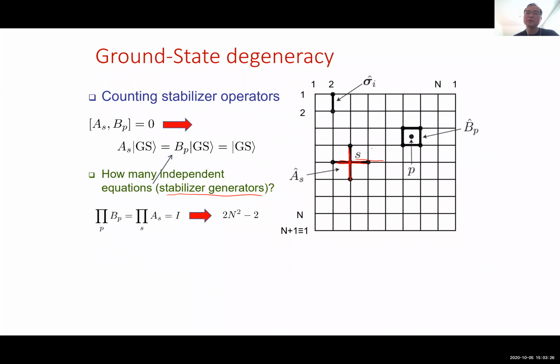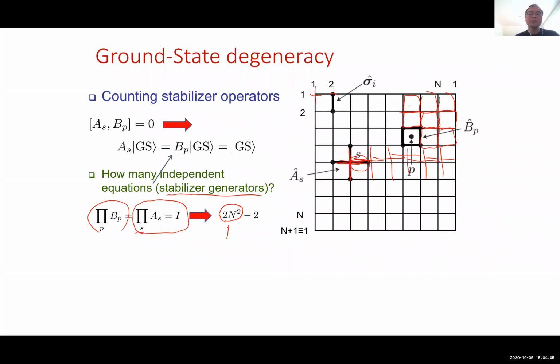If you consider the product of these on all the vertices, then neighboring ones would cancel the overlapping edges, and the product becomes identity. And similarly for the pocket, you consider putting these on all the pockets. The Z and Z would square to identity. So there are two constraints.